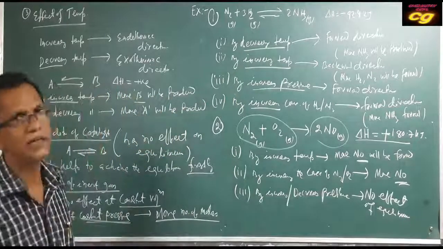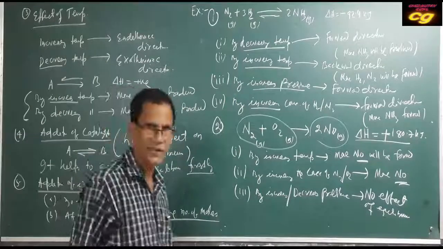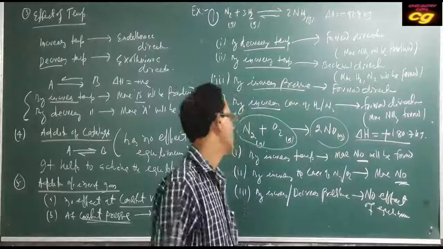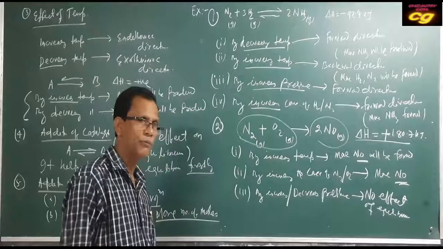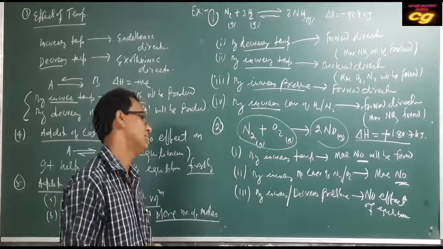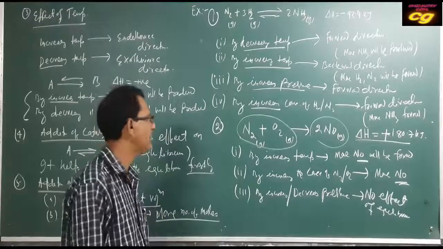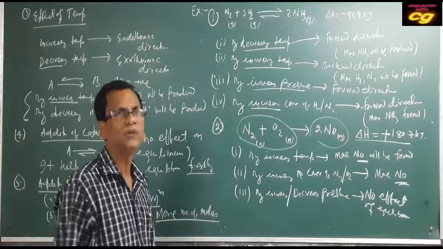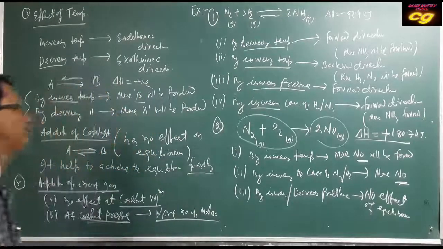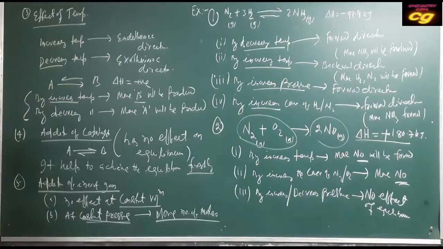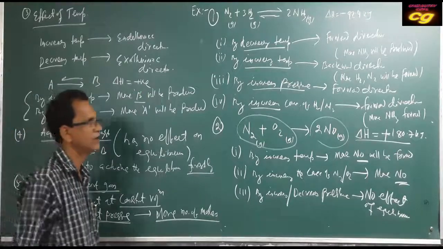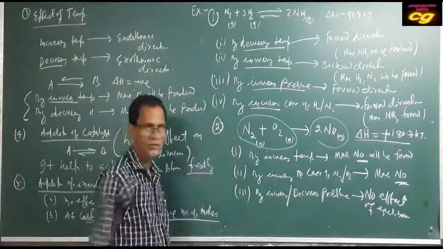To control teeth decay, we should take fewer sweets, and our mouth should be washed properly, so that there is no formation of acid in the mouth. These are some important applications in your day-to-day life.